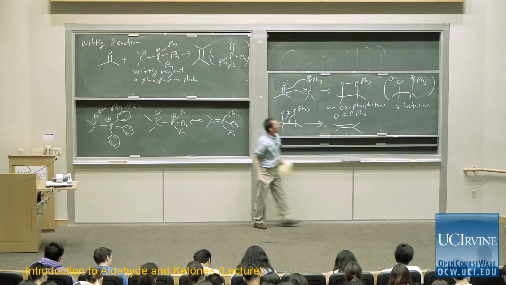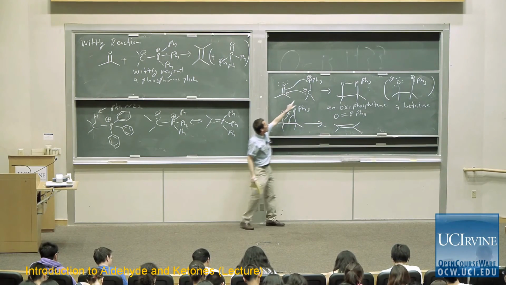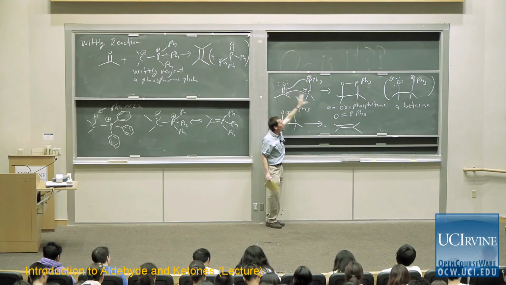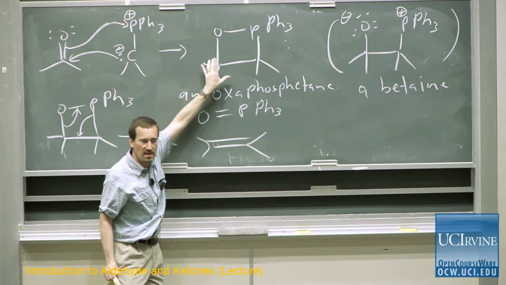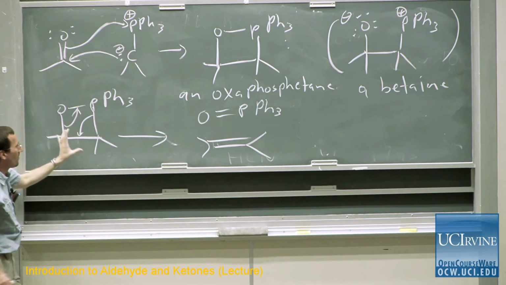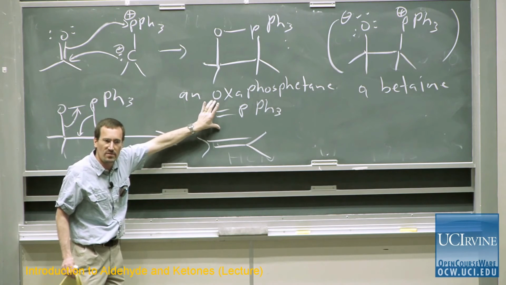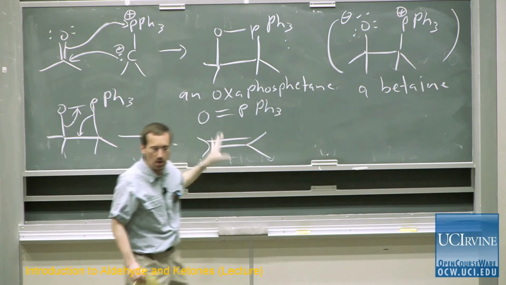Like so. And so through these two steps, addition of the phosphorus ylide to the carbonyl to form an oxaphosphetane, and then breakdown of the oxaphosphetane to the alkene and the triphenylphosphine oxide, we can form a new carbon-carbon bond.